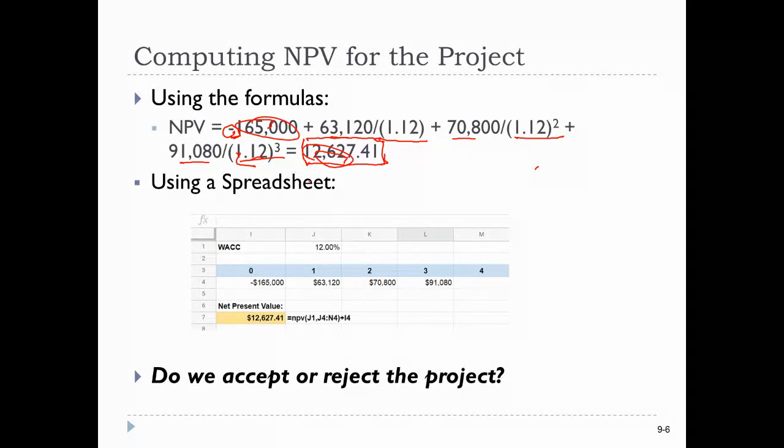Taking $165,000 and creating an asset that's worth $177,000 and change. That's creating value. It's a lot easier to do with a spreadsheet.